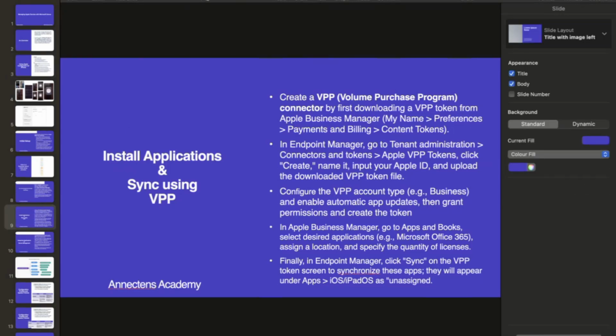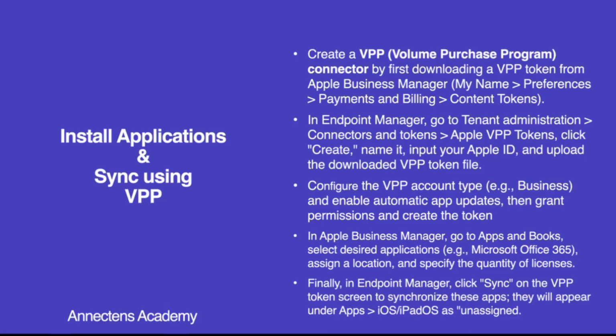So this VPP token is required to enable or establish the Apple VPP connection. For that we require a token file that will be downloaded from VPP, and we will come to our Intune console, where we are going to upload that, and then we will do a synchronization.